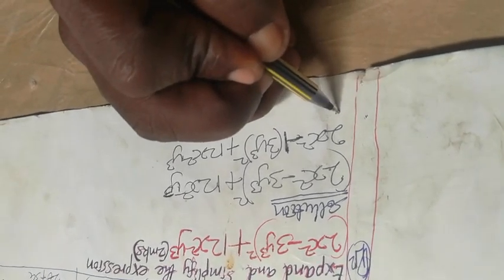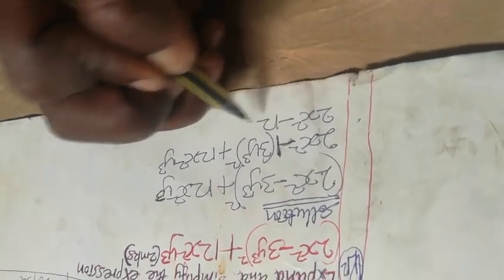This will further give us 2x squared minus 12x squared y cubed.